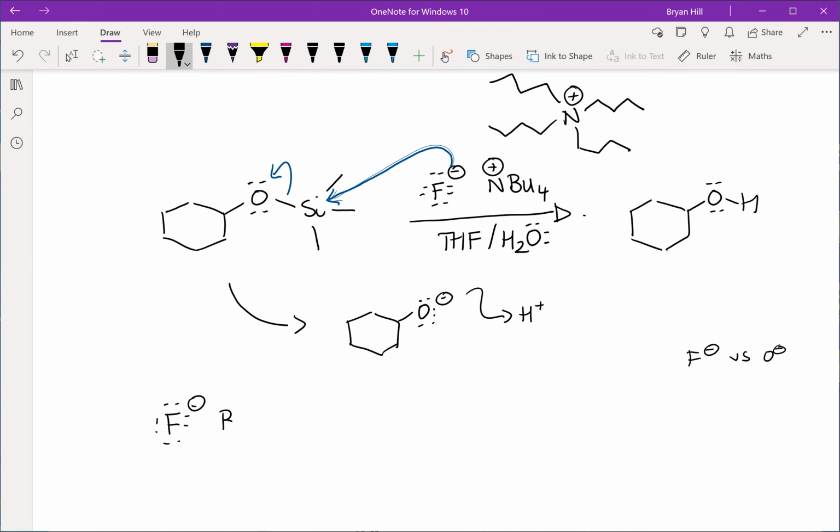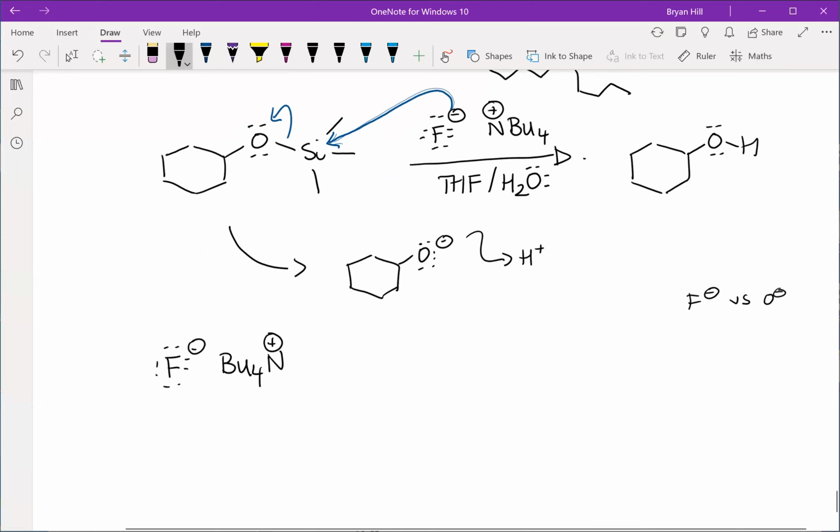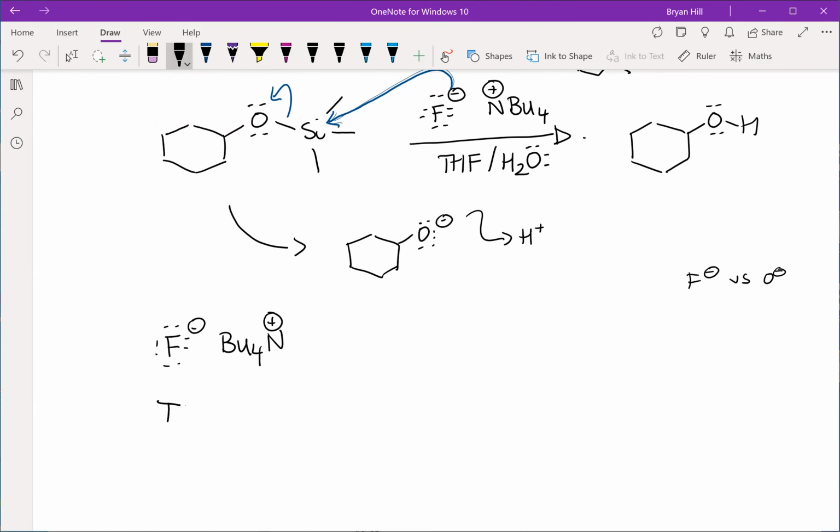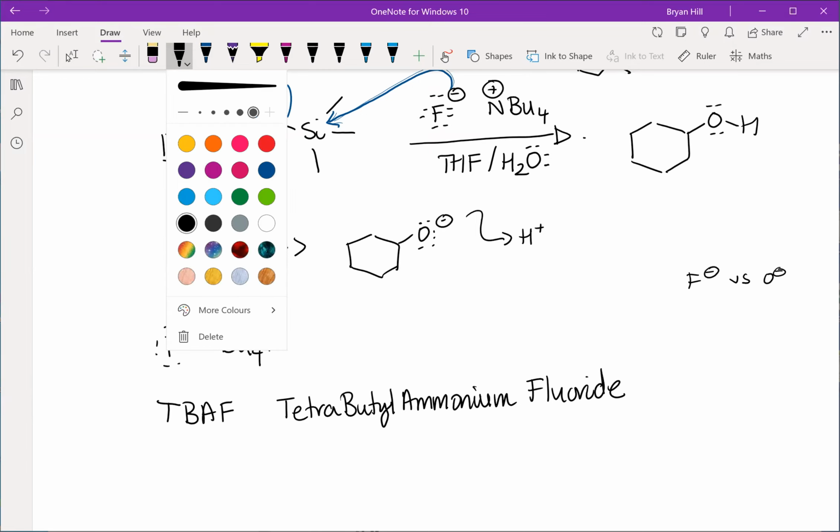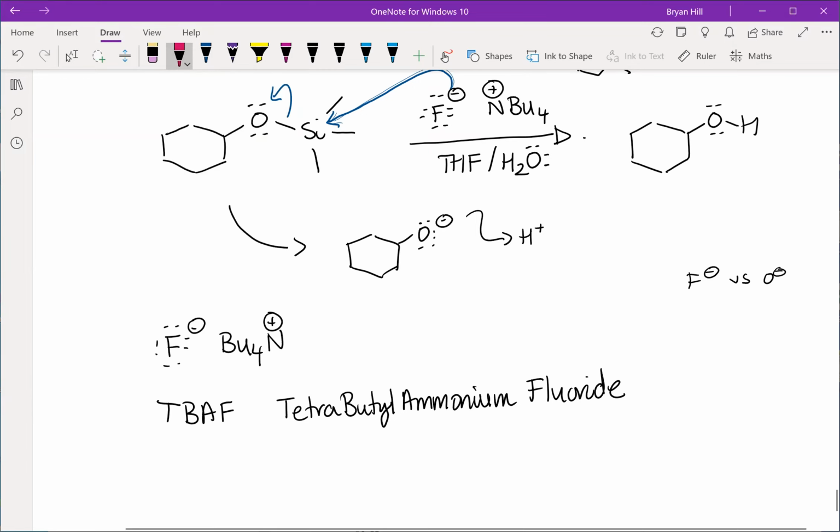This salt here has got a name called TBAF, for tetrabutyl ammonium fluoride. So, TBAF.